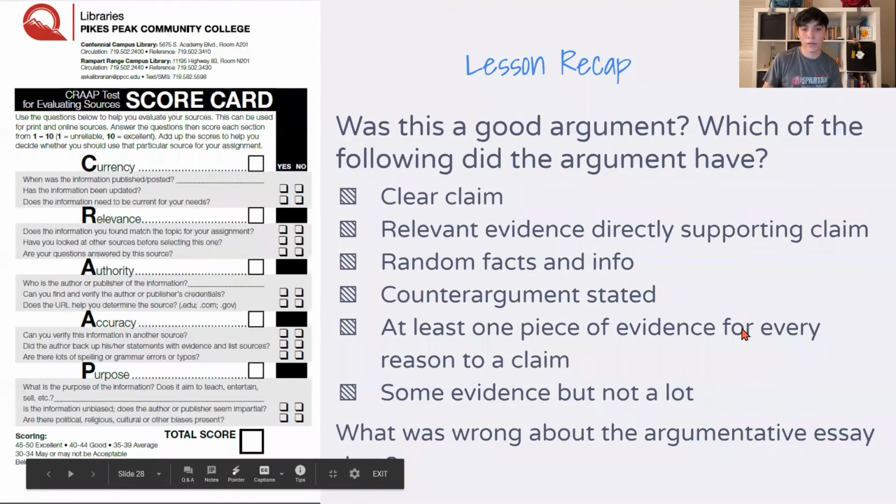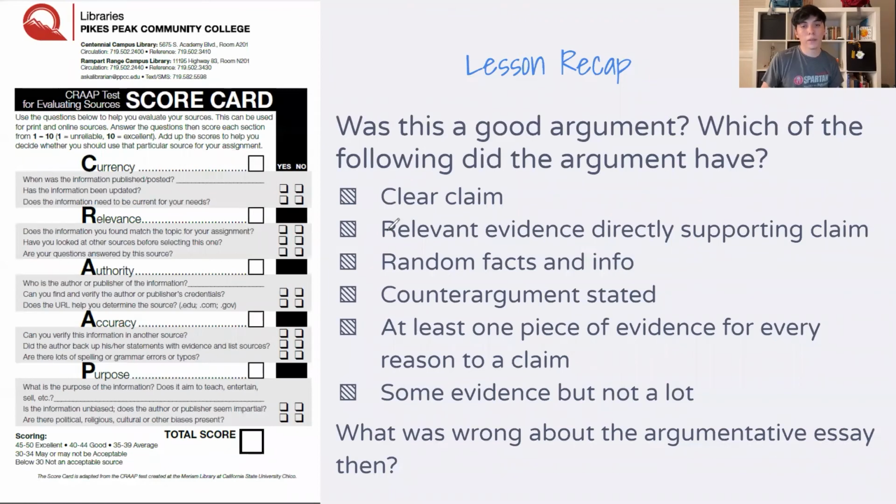All right, now that you've thought about it, they did have a clear claim. I'm not check marking it, I'm doing X's, but you can do either. Relevant evidence directly supporting the claim: their evidence was relevant to their claim, but it wasn't the best, but we'll get to that in a bit.